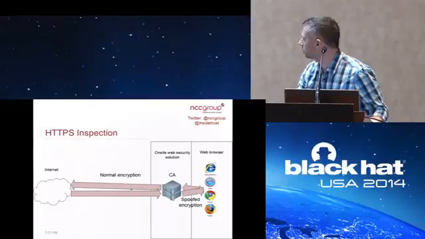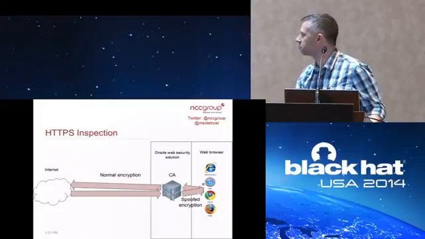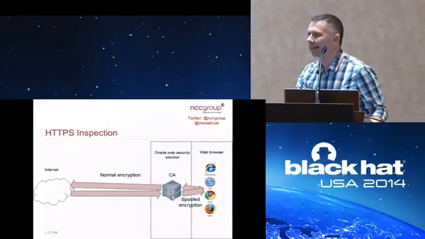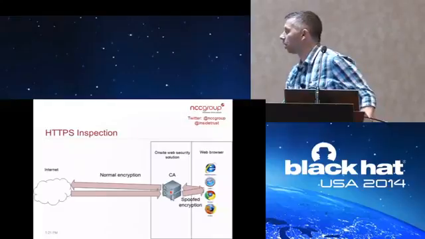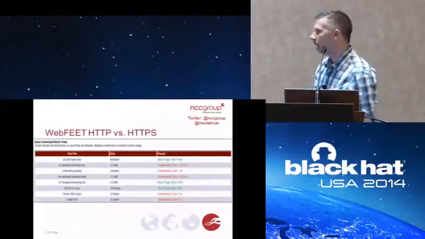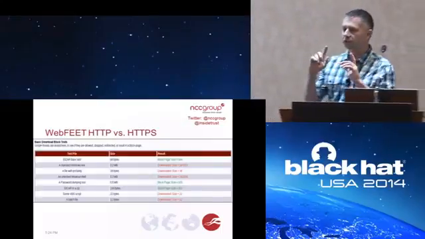You have the normal encryption to the sites on the internet, and then you have this kind of real encryption, but it's kind of spoofed internally, which means that on the proxy, you've got plain text traffic. So you can look for malware, and you can look for executable code, because it's in plain text on the web security proxy.